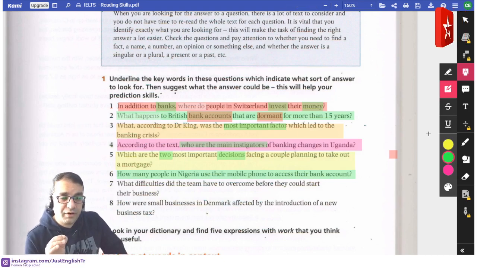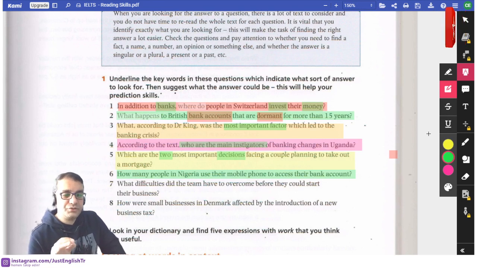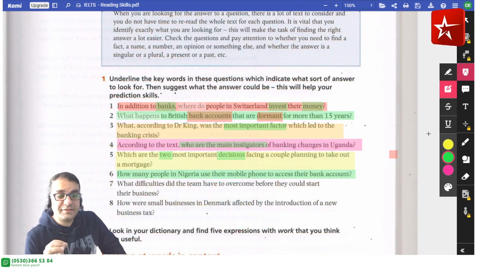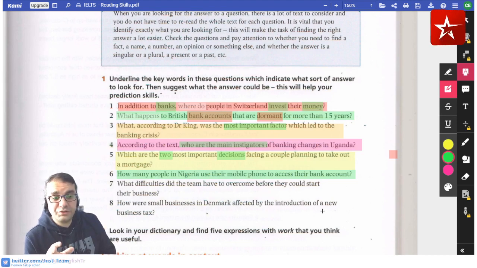So where is the keyword here to know where you're looking? The meaning of the keyword is to find where you're looking for the answers. Well, Ali said it is number of people. But okay, here actually to access the phone, to access their bank account.